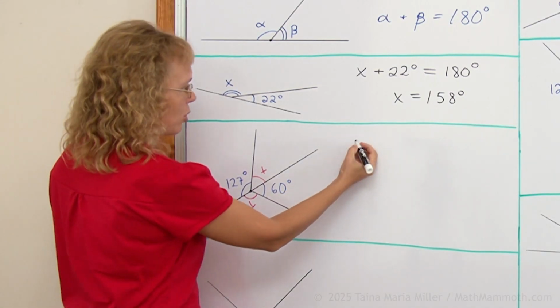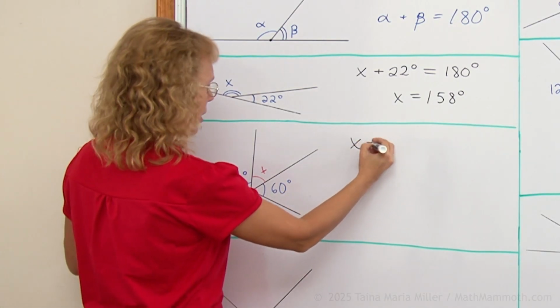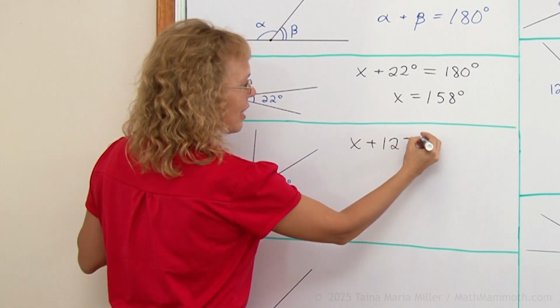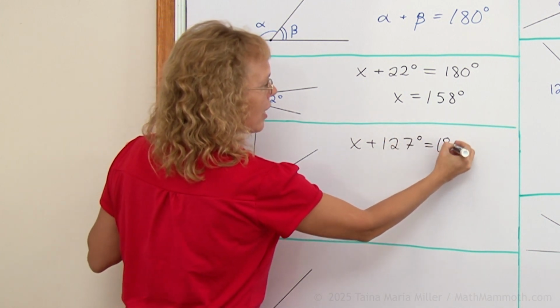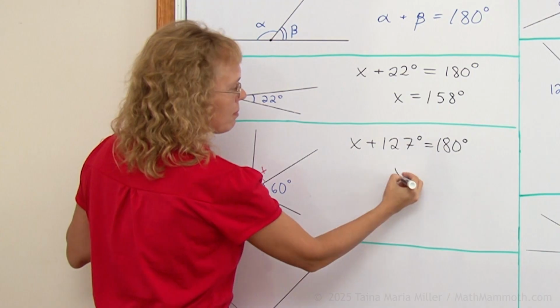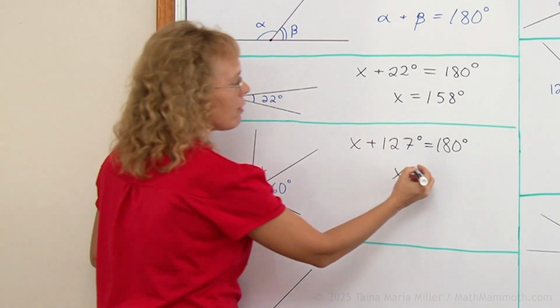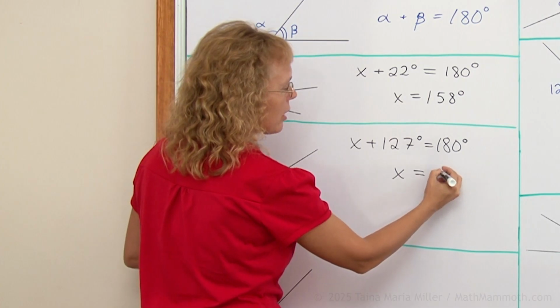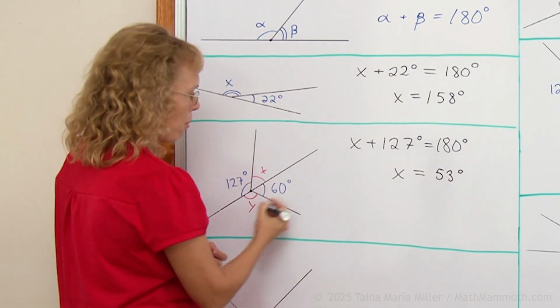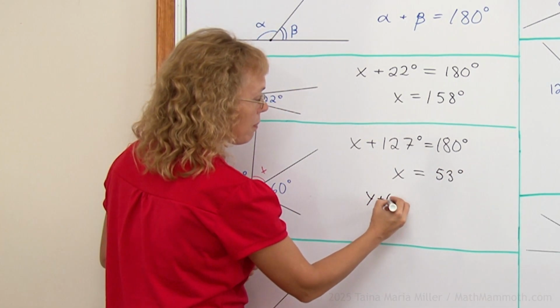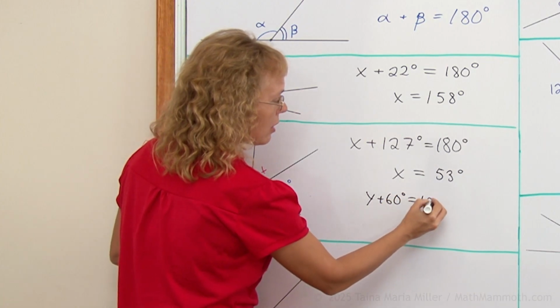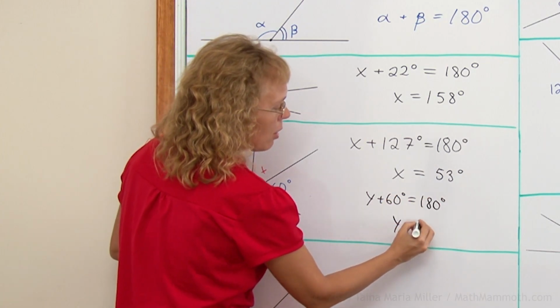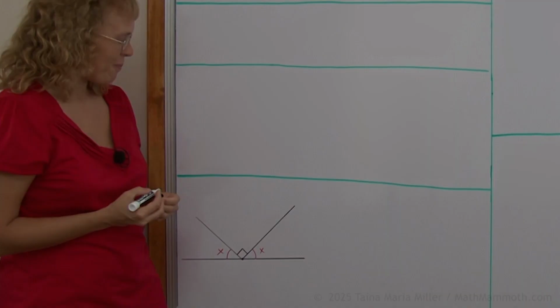So I will get two equations basically, x plus 127 degrees equals 180. Again, you would subtract to solve it, and we will get x equals 53 degrees. The same for y. We have y plus 60 equals 180 and y equals 120 degrees.